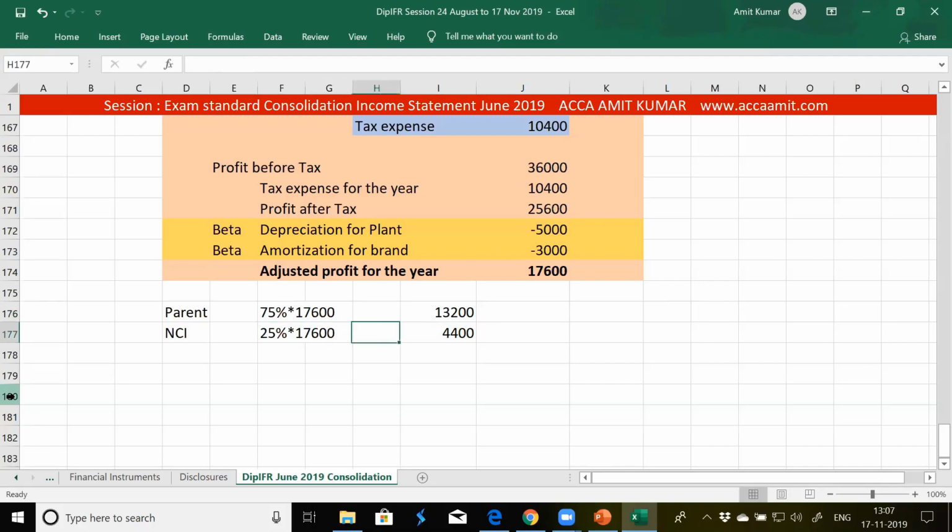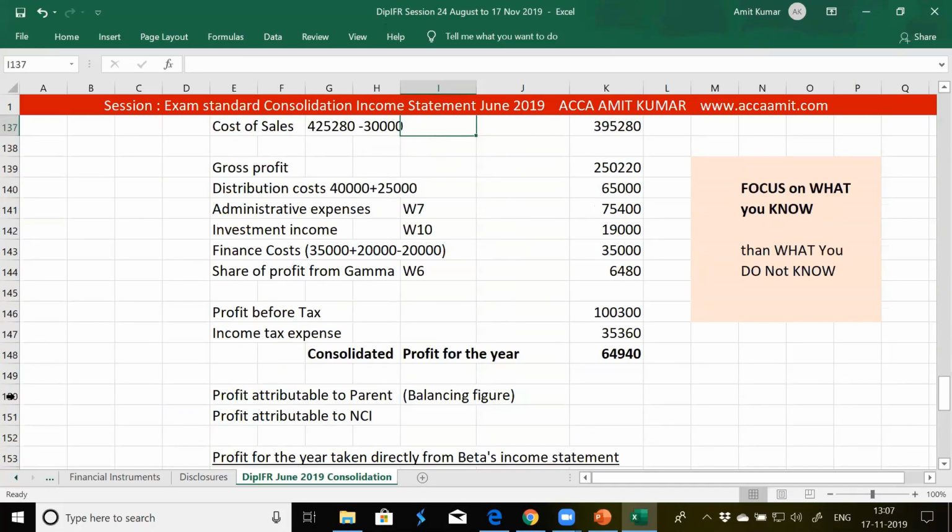So we simply take this as the figure and the parent's figure becomes the balancing figure.